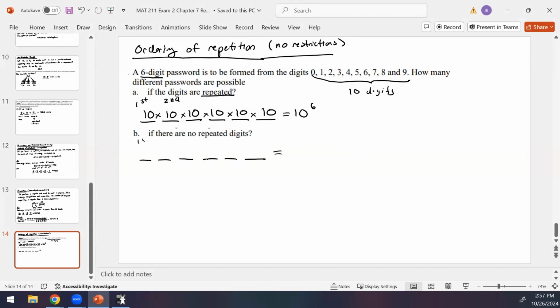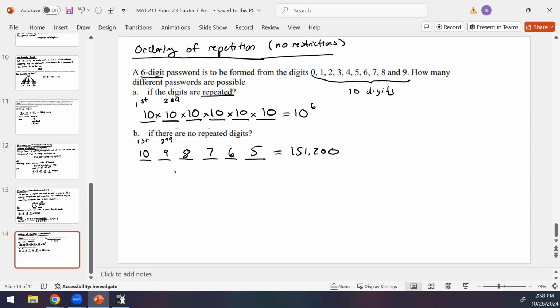Okay, so I still have a 6-digit password, 1, 2, 3, 4, 5, 6. But now for the first one, I have 10. But once you use one number, you can't use it again, right? So then you have to go down to your second one. Now you have 9, and then 8, and then 7, and then 6, and then 5, right? And so if you multiply that out, you get 151,200.